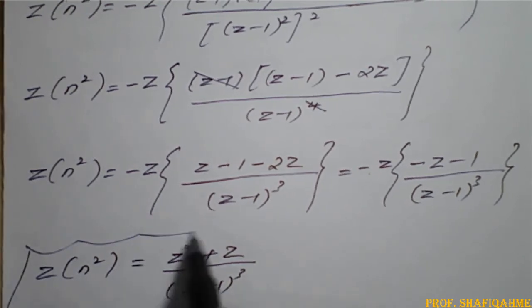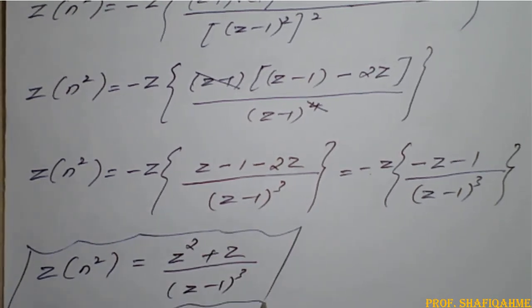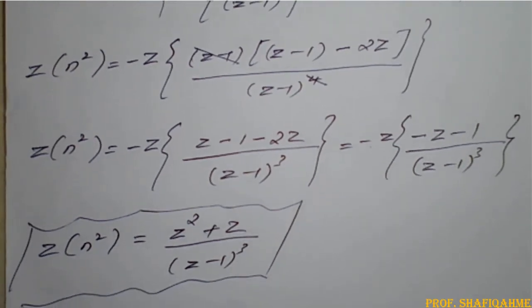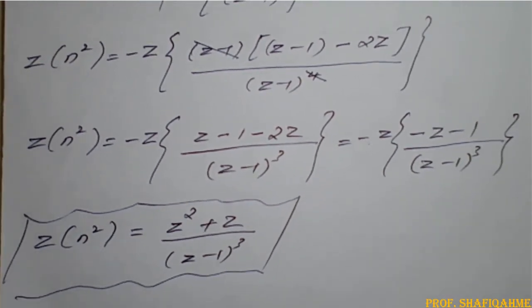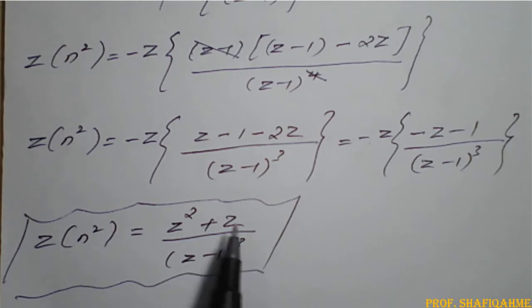So this is our next standard function of z transform. So we need to remember what is z transform of 1, what is z transform of n, what is z transform of n square. So z transform of n square is z square plus z divided by z minus 1 whole cube. So this is one of the standard results.